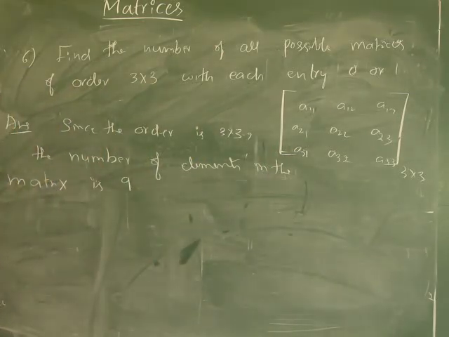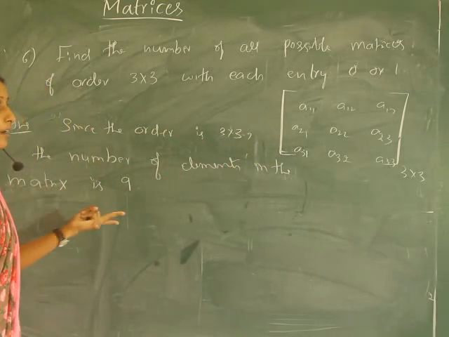If the number of elements in the matrix is 9, then each element can take 2 entries.